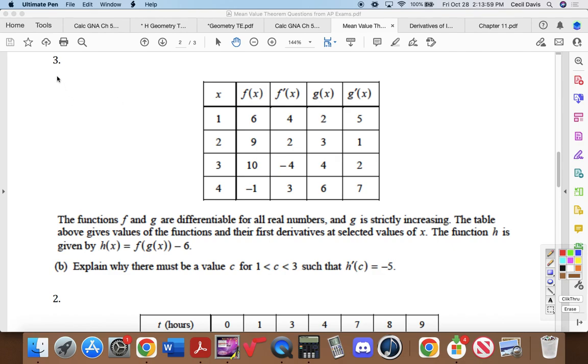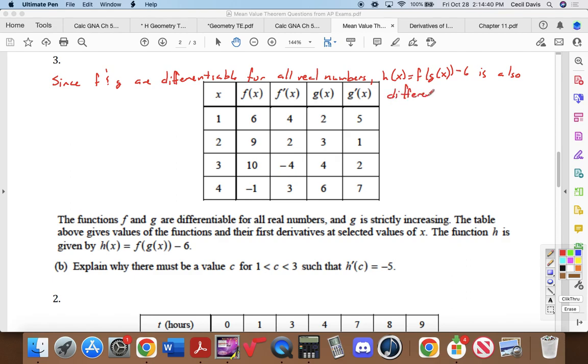Well, since f and g are differentiable for all real numbers, h of x, which is f of g of x minus 6, is also differentiable for all real x, and therefore continuous.